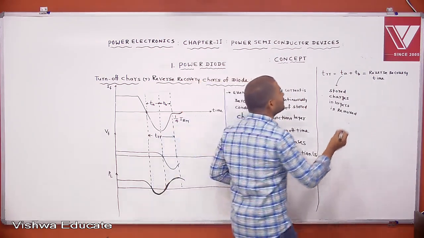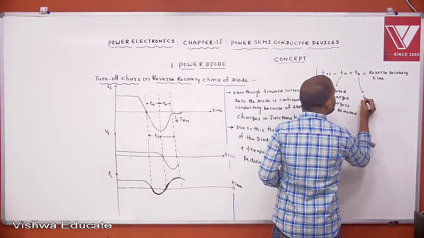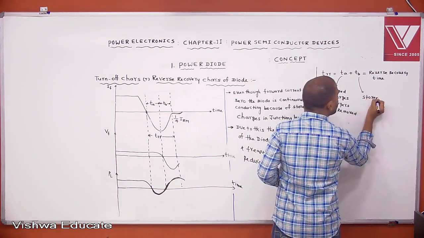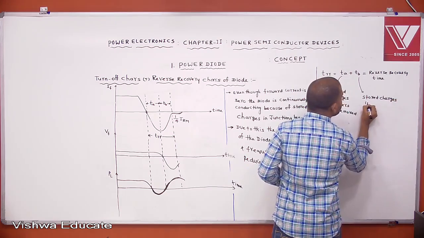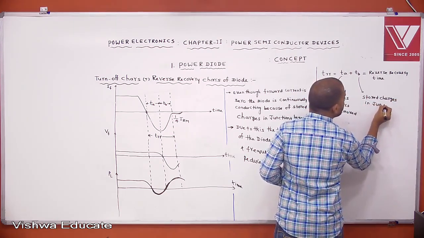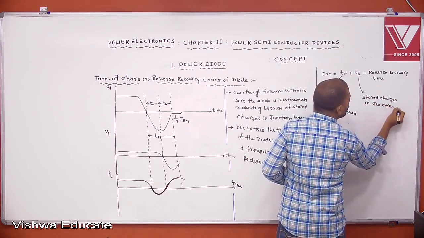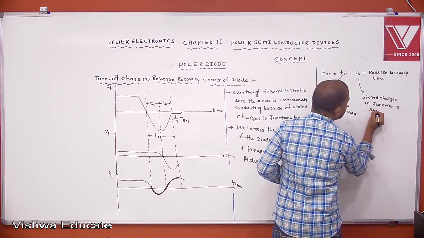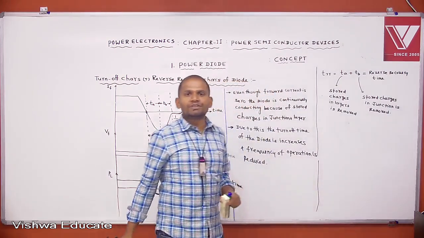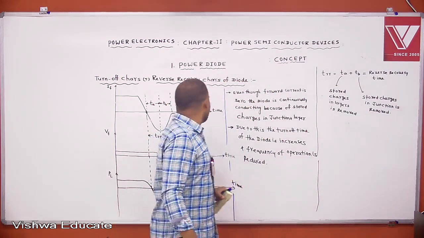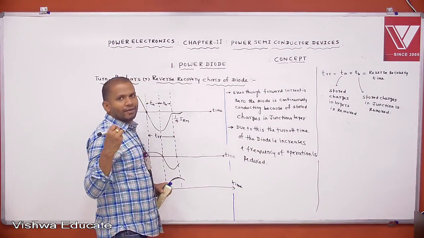During TB time, stored charges in the junction are removed. That together is the reverse recovery time.